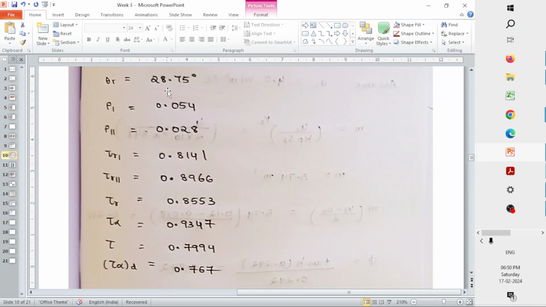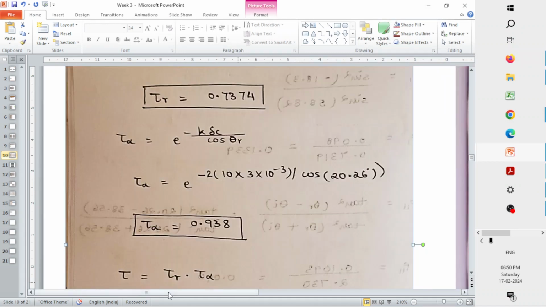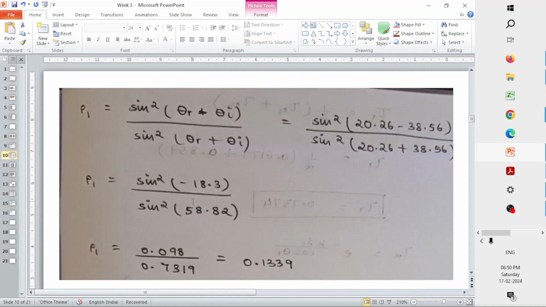Now you have to calculate rho 1. So how do we calculate rho 1?